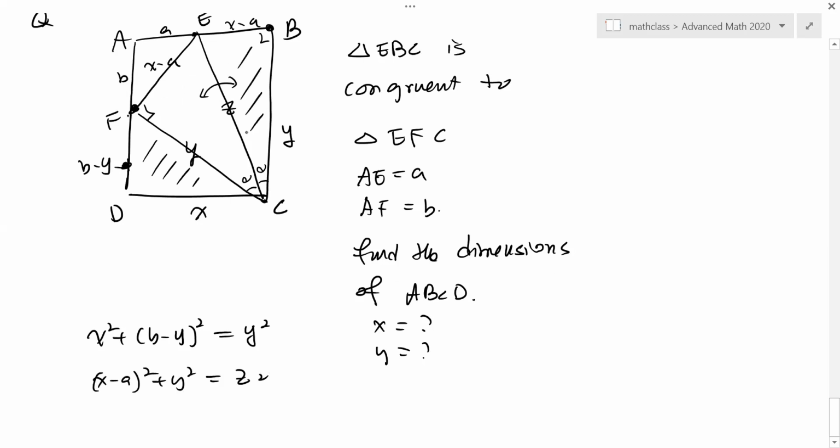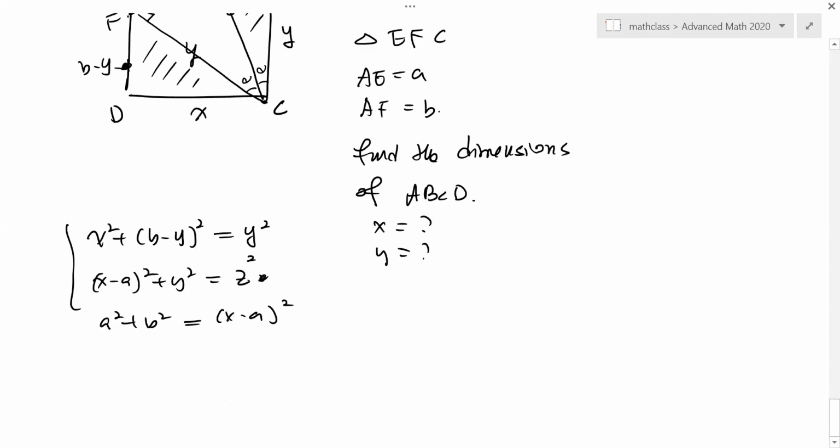There is also another one: a squared plus b squared equals (x minus a) squared. And you probably don't need the second equation. This is the only place z shows up. But at least those two equations give you the answer.